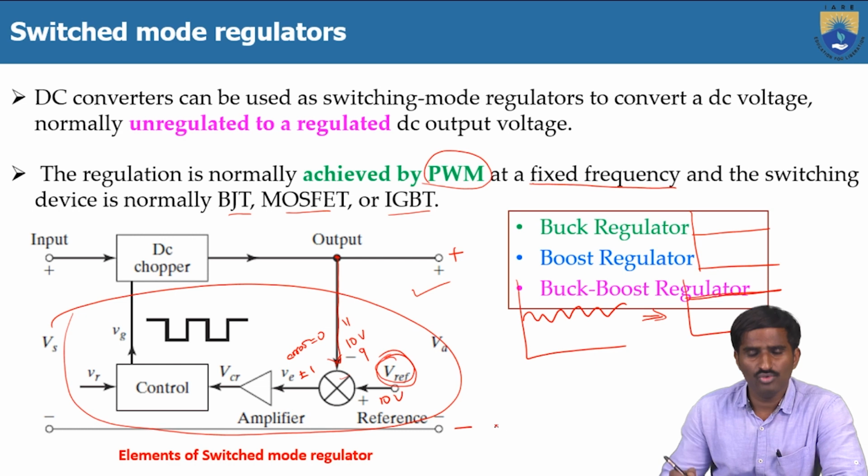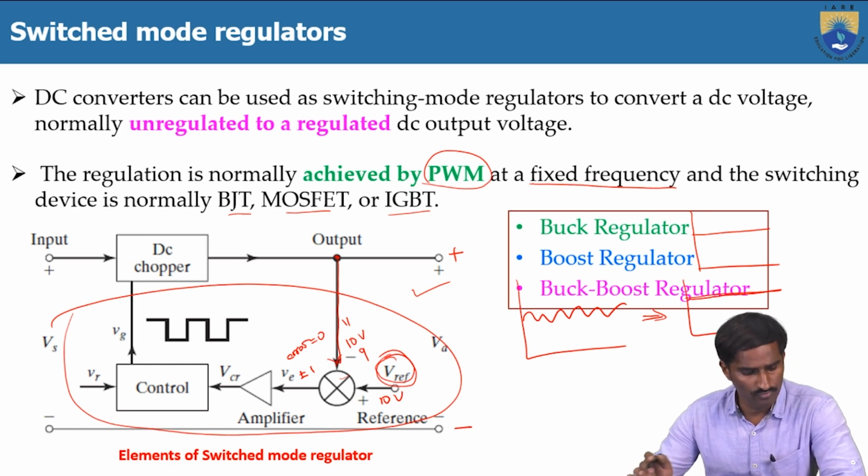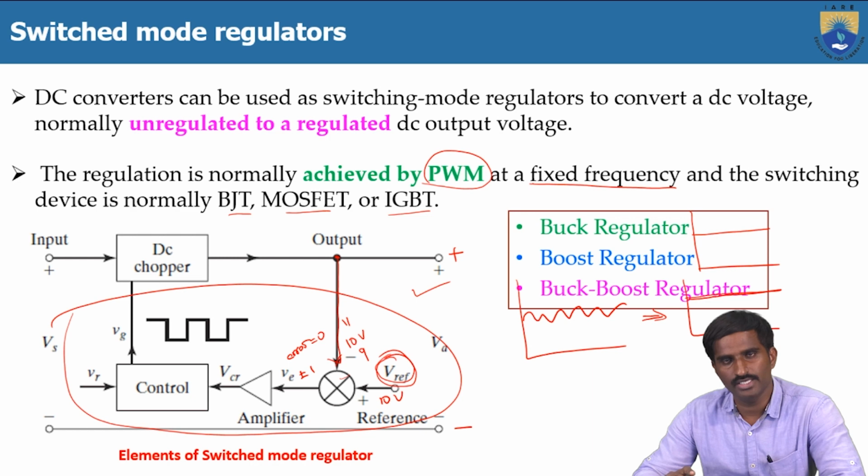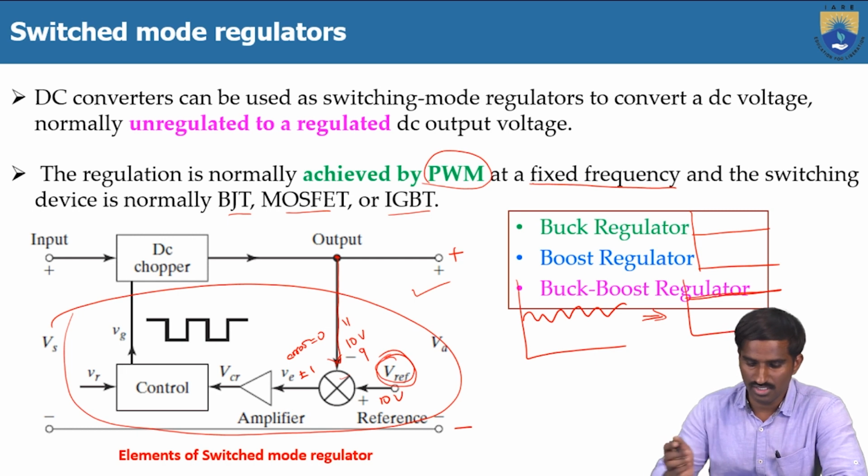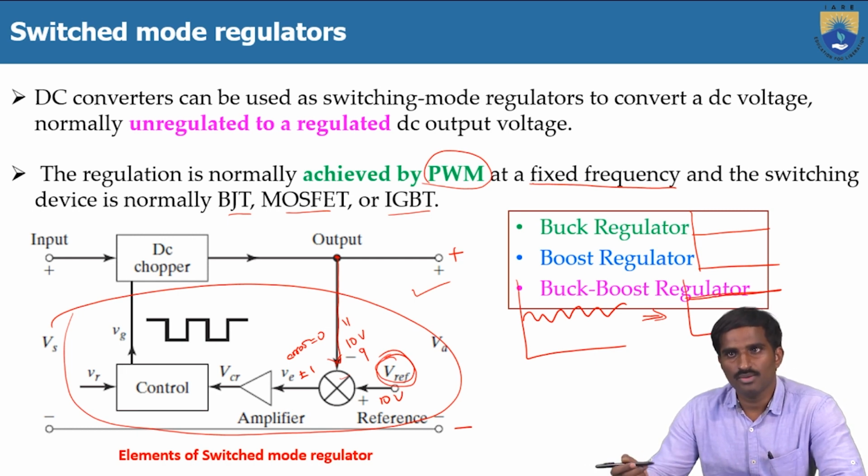Another basic idea about how we can convert the unregulated DC supply to regulated DC supply by using the switching mode regulator. Usually, the switching mode regulator consists of inductors and capacitors, because as you can see in the buck converter, the boost converter or the buck boost converter, in addition to the chopper switch, we have the inductor and the capacitors. So by using these inductor and capacitor functions, we can get the regulated power supply, which means, as we know, the inductor and capacitors have charging and discharging capabilities.